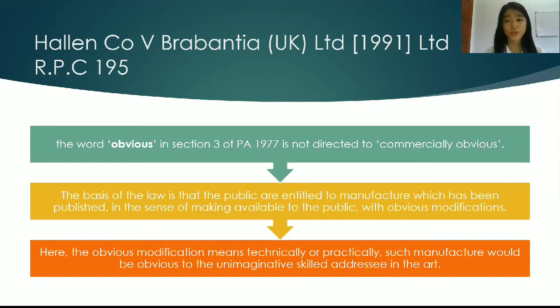The basis of the law is that the public are entitled to manufacture what has been published, in the sense of made available to the public, with obvious modifications. Here the obvious modification means technically or practically such manufacture would be obvious to the unimaginative skilled addressee in the art.